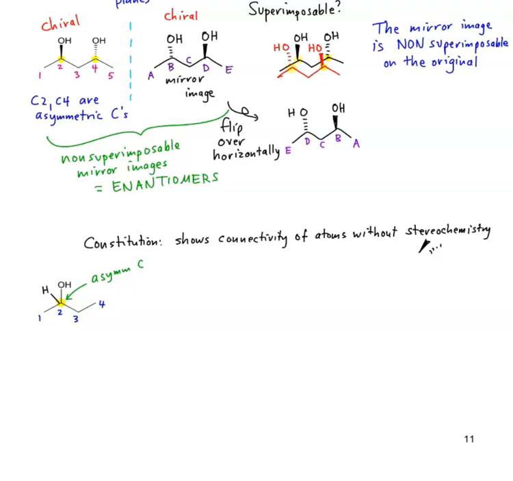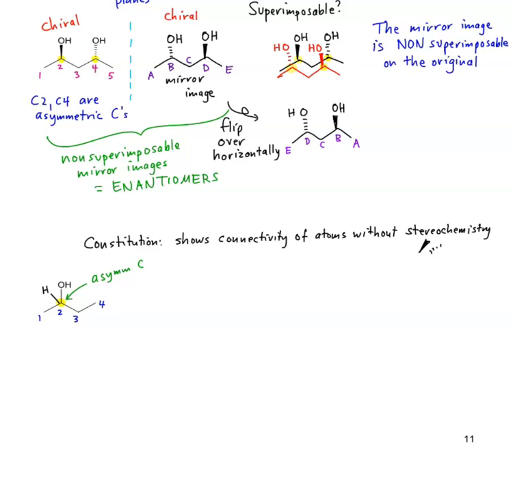Carbons 1, 3, and 4, however, each of those carbons have at least 2 hydrogens. So none of them have 4 different groups. So there's only one asymmetric carbon in this structure.